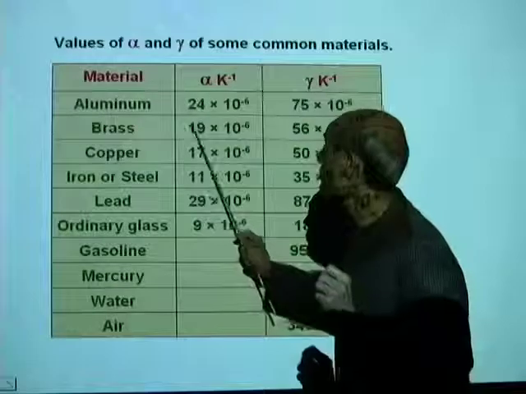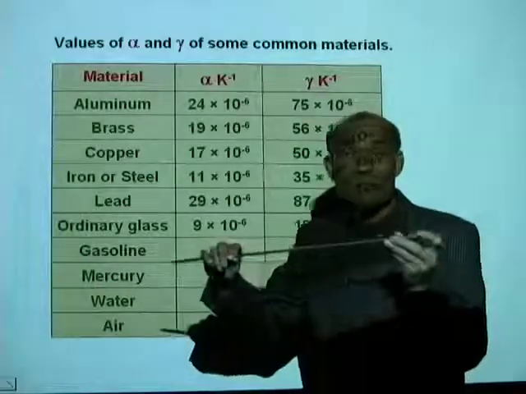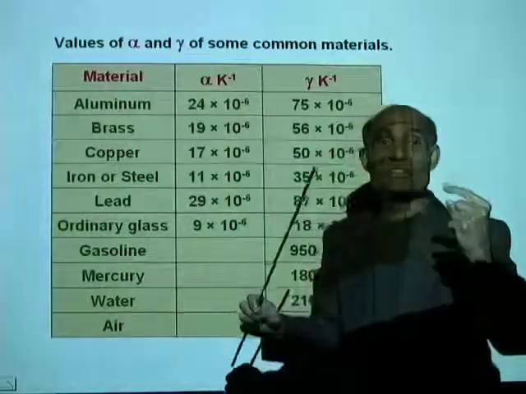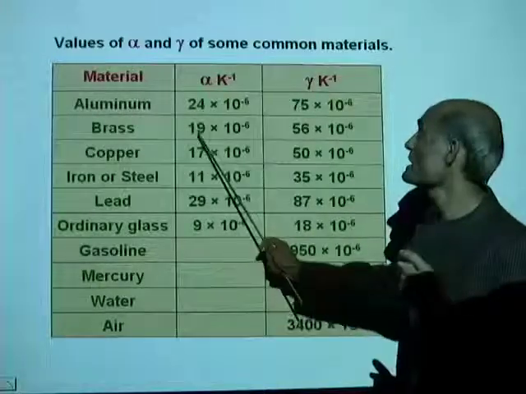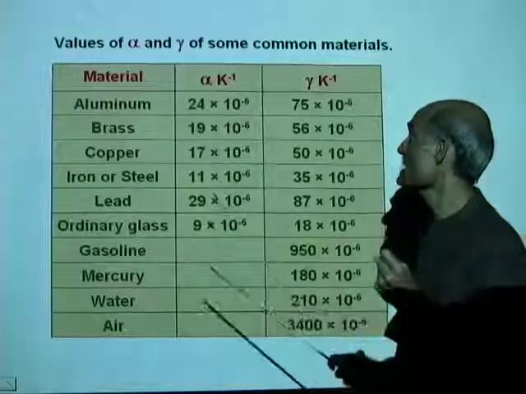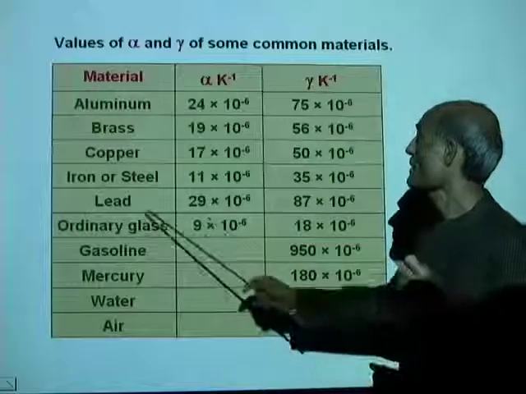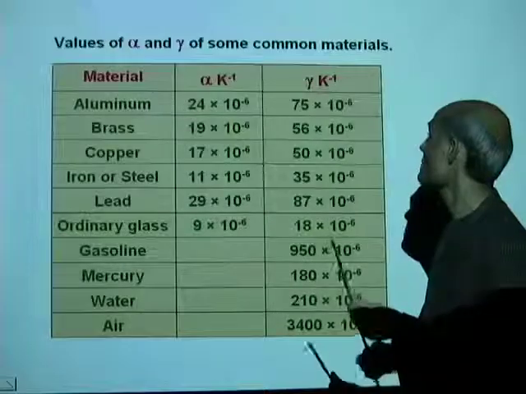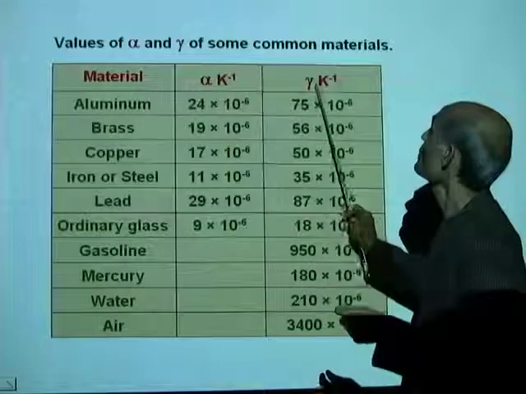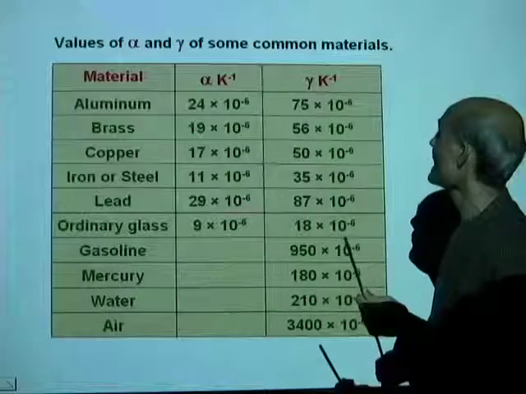And brass, if you take 1 meter of brass and heat it through 1 Kelvin, its increase in length will be 19 micrometer. Lead, 29 times 10 to the negative 6. And of course, you have the value of gamma.